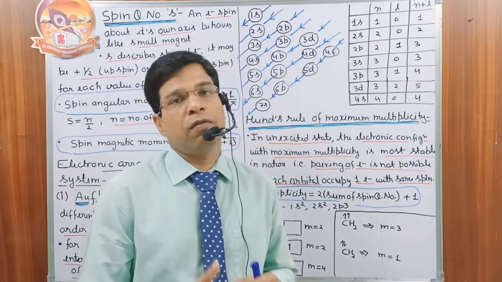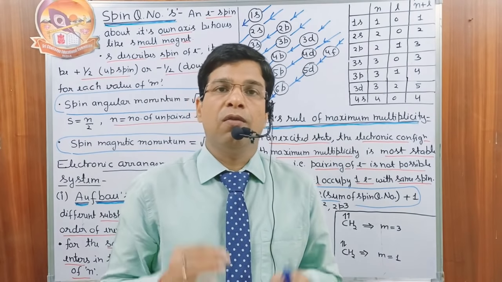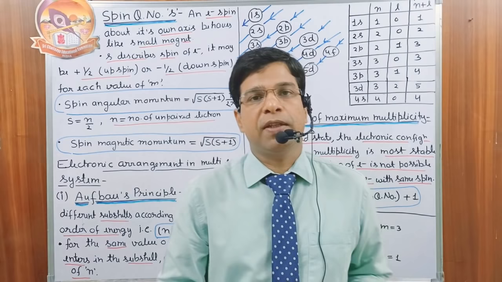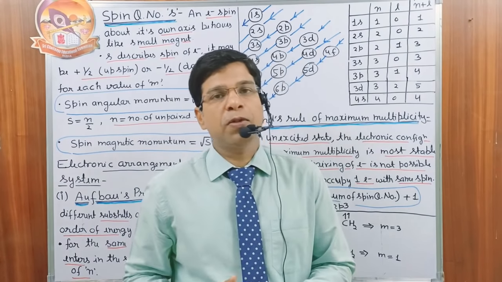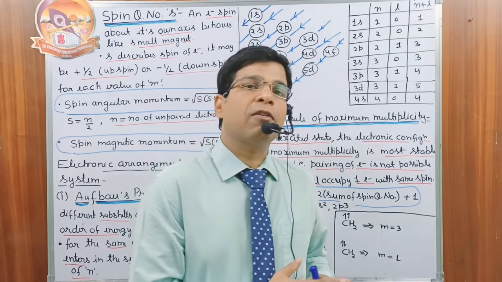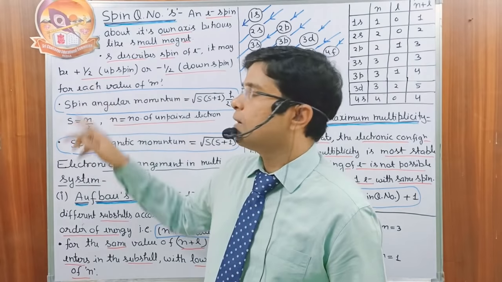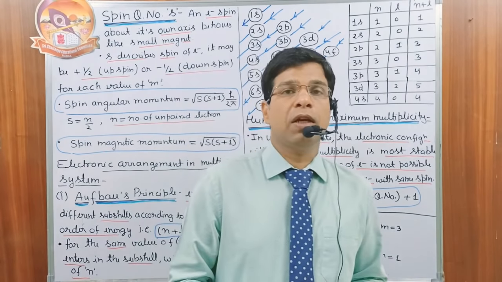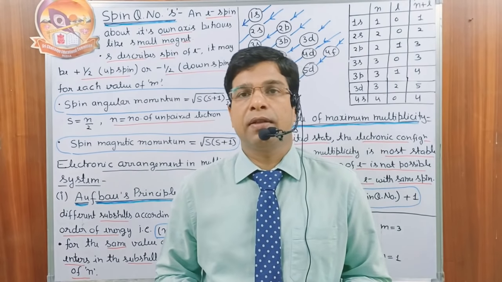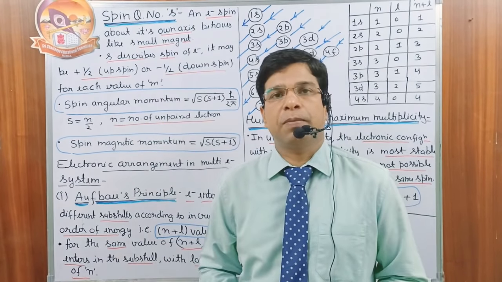One may be clockwise and one may be anti-clockwise. For each kind of spin we define a quantum number. Suppose the spin of the electron is clockwise, that is represented by +1/2, an up spin. And if the motion of the electron is anti-clockwise, that is represented by -1/2, a down spin.